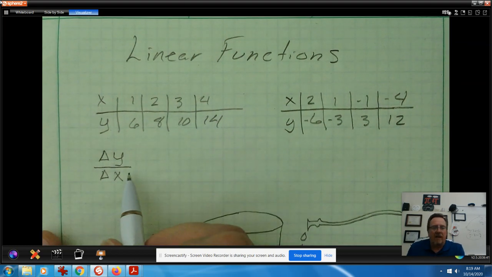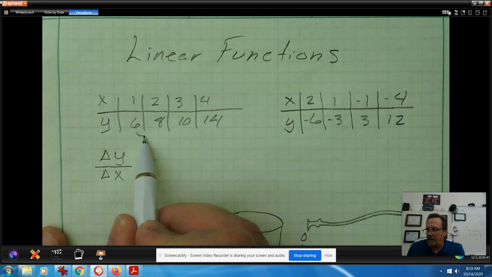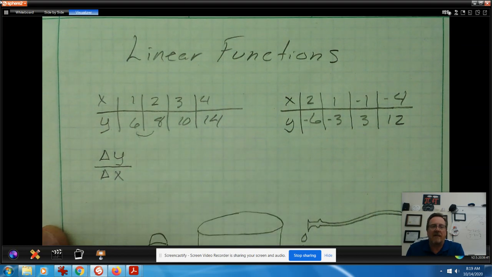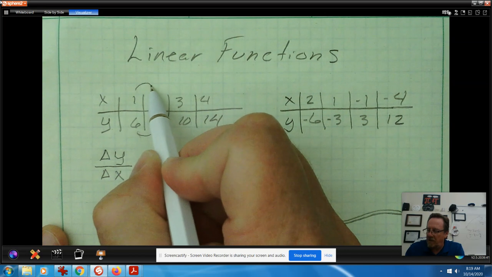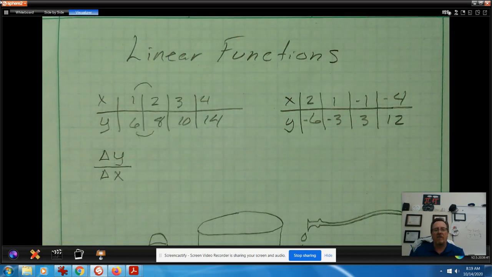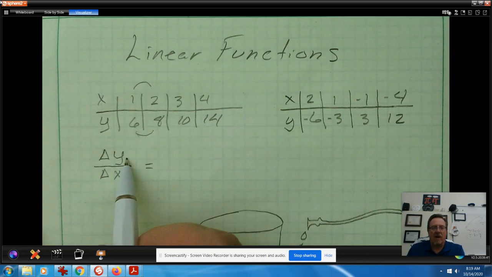What we're interested in here is how much change there is in the y values, say from 6 to 8, and how much change there is in the x values that correspond with that, from 1 to 2. If we look at this ratio, we're building a fraction, the change of the y values over the change in the x values.